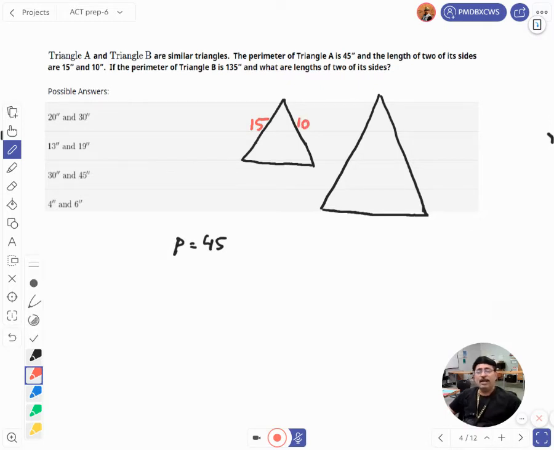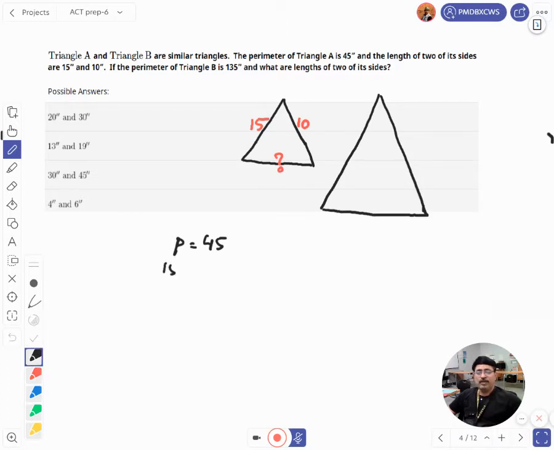First of all, let's try to find the third side of this one. Perimeter means the total length of the boundary of the triangle. So we have to sum up all these three sides. We don't know the third side, so we can figure it out.